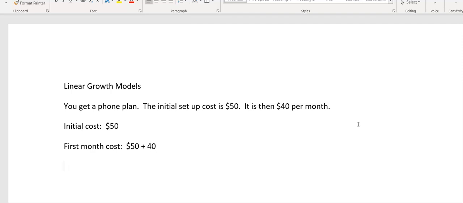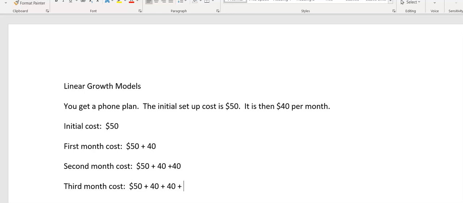At the end of 2 months, we're going to have that $50 setup fee, and then $40 for the first month, and the second month, of course, is going to cost us $40. And then our third month cost, well, we've got $50 and then $40 for the first month, $40 for the second month, and $40 for the third month.